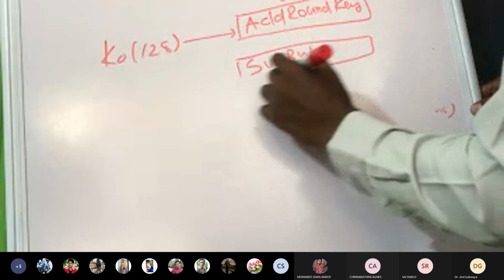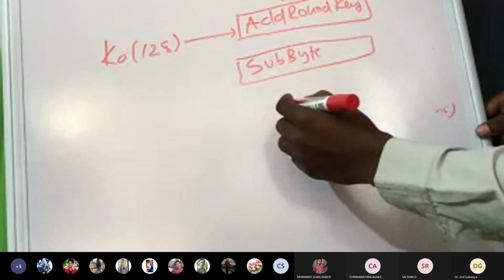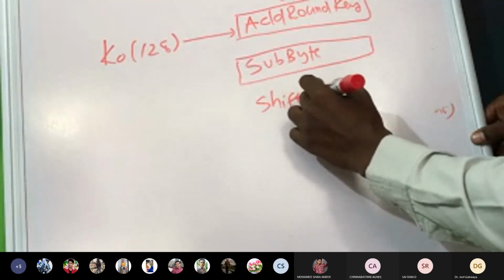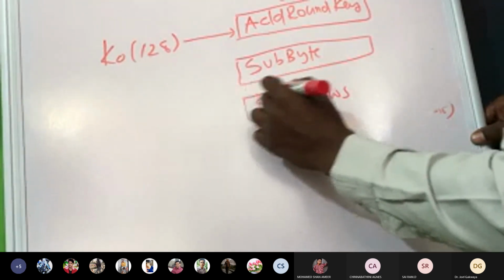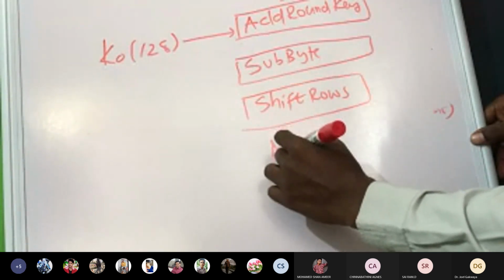Sub byte is followed by the shift rows stage, which is followed by the mix column.